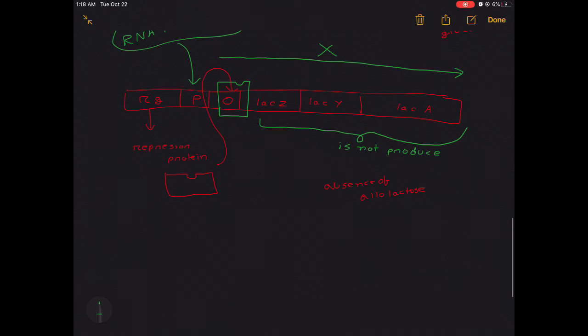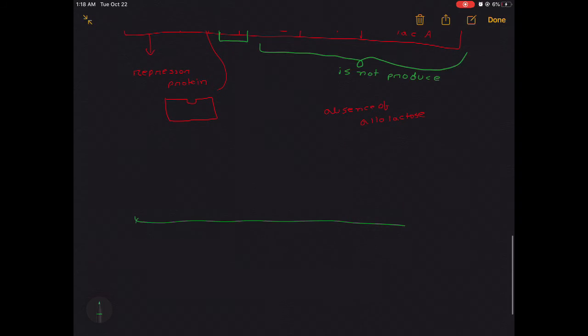But when our allolactose is present, let me draw this out.